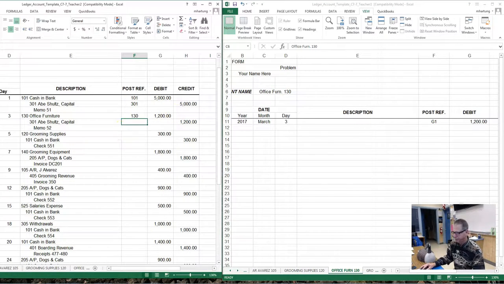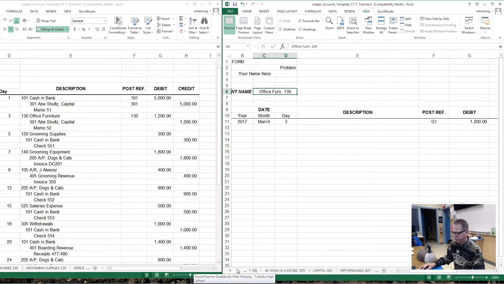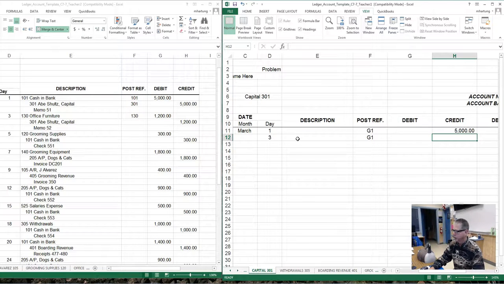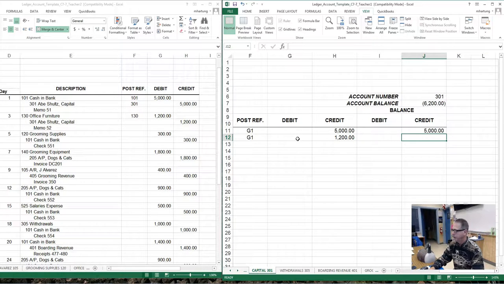Capital. Too far. There we go. Back to capital. This entry is on the 3rd. Another credit of, let's see here, $1,200. Now we've got to update the balance.